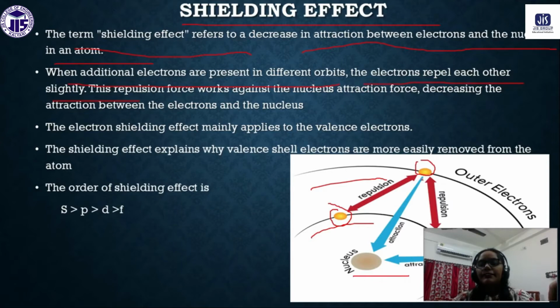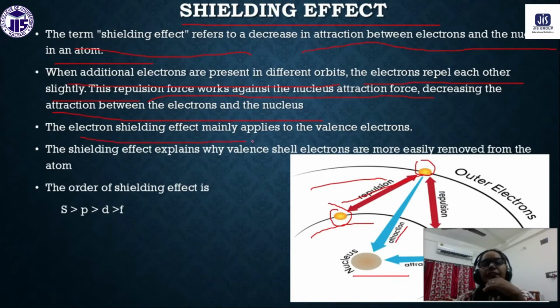Generally, between these electrons we have a repulsion force, as they have the same charge. This repulsion force works against the nuclear attraction force, so the attraction force with which the nucleus attracts the electron will be less, a decrease in the attraction between the nucleus and the electrons.